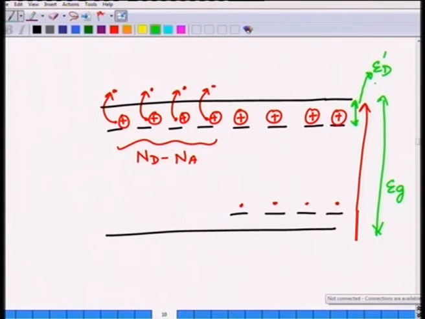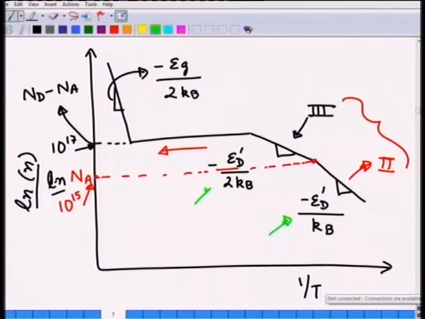Just by doing this experiment, measuring carrier concentration as a function of temperature over the whole temperature range, you can measure ED. That means if you measure this and calculate these slopes, you will be able to measure these ED levels. Second, you will be able to see where the slope breaks.